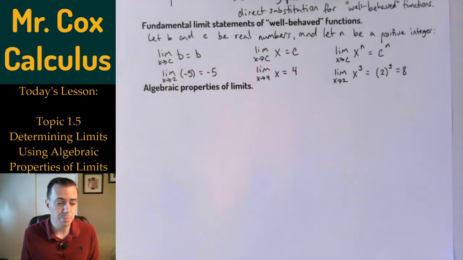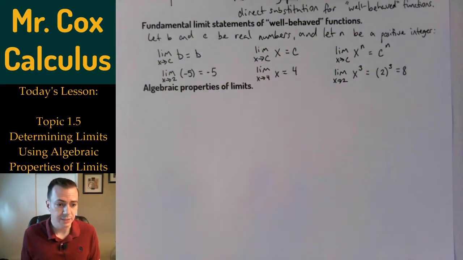And these three building blocks of a constant, of an independent variable x, and x being raised to a positive integer power, they're going to be really powerful statements when we start evaluating limits analytically.